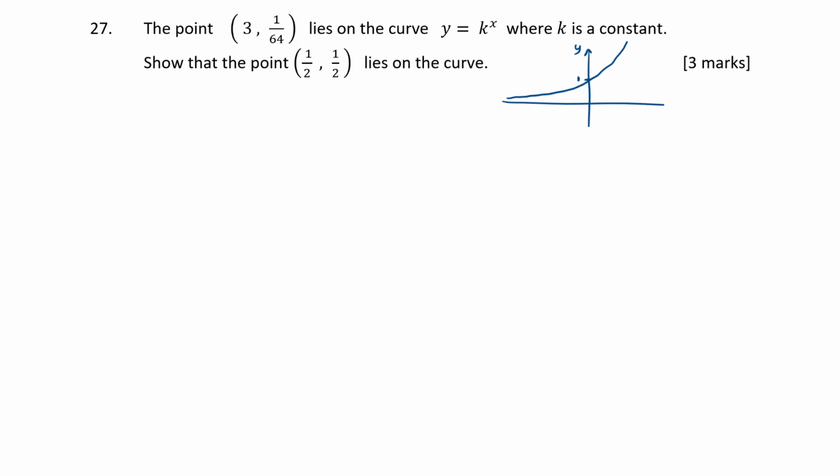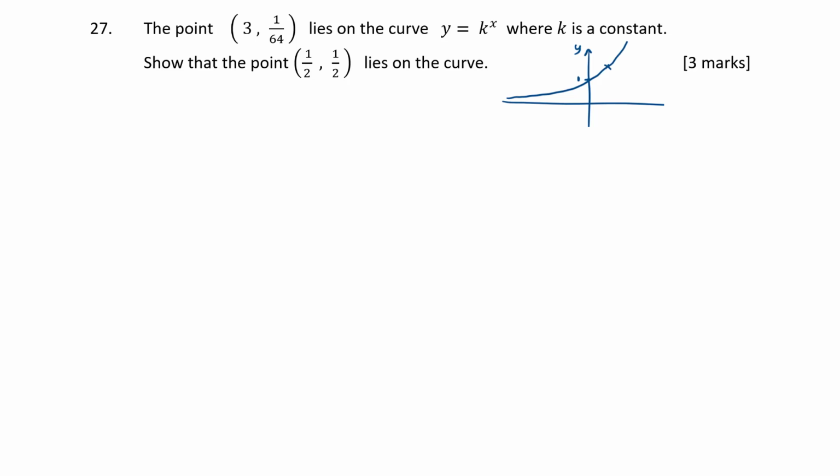Okay, so where is the point 1/2? Show the point 1/2 lies on the curve. Okay, so that clearly isn't the right way of drawing this, is it? Because if we look to the right where half would be on my scale, it's clearly above 1, so that doesn't look quite right.